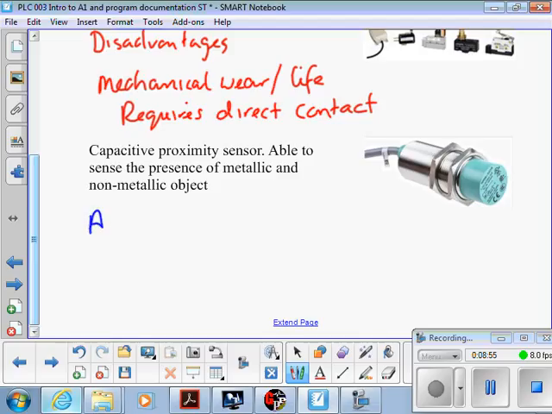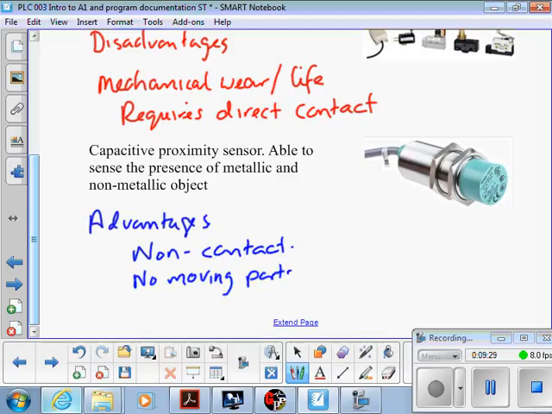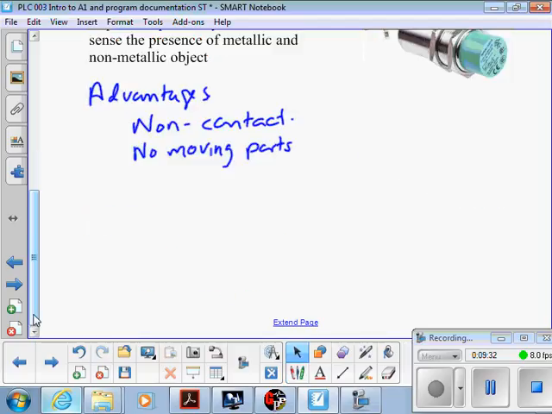Advantages. Non-contact. Anything else you can think of? No moving parts. What about disadvantages?